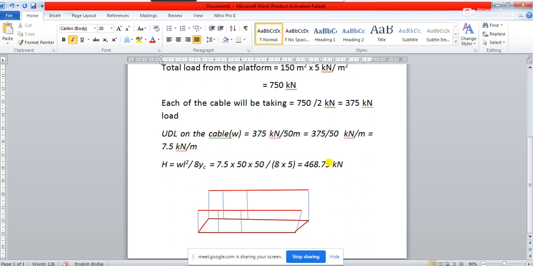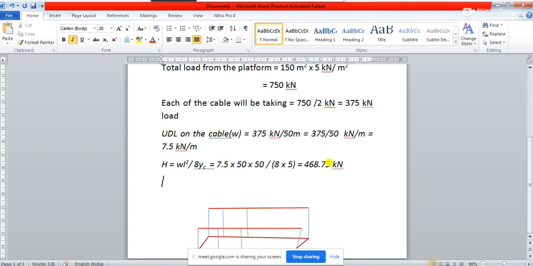Everyone now understood? Now what will be the vertical force V? V A is equal to V B, because the cables are at the same level, so it will be W L by 2. W is 7.5, L is 50, divided by 2.